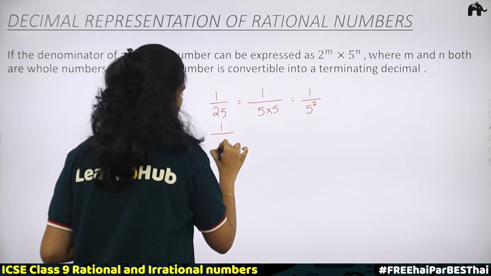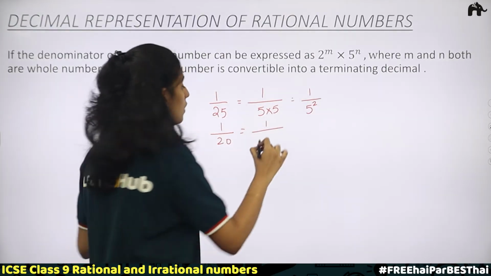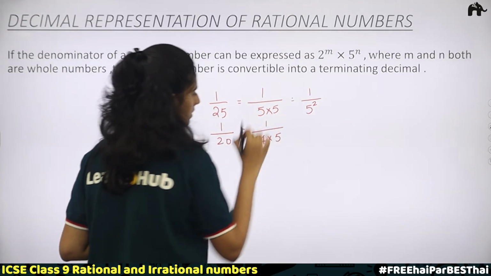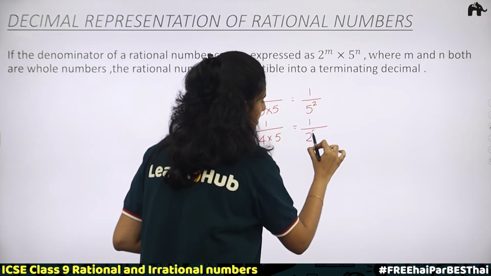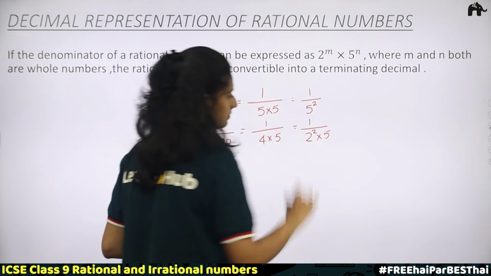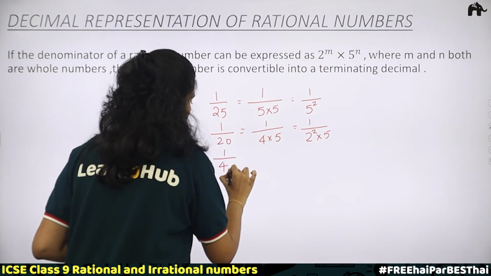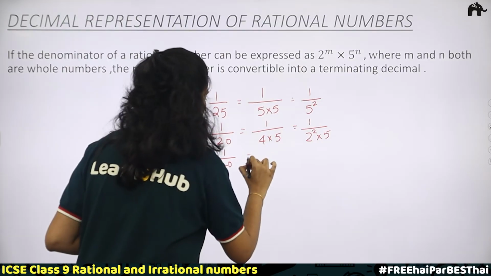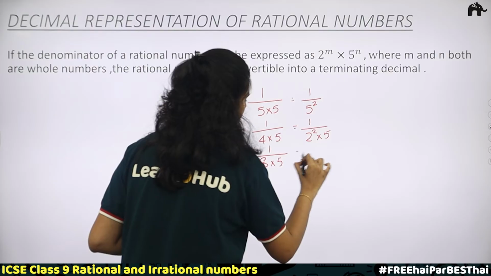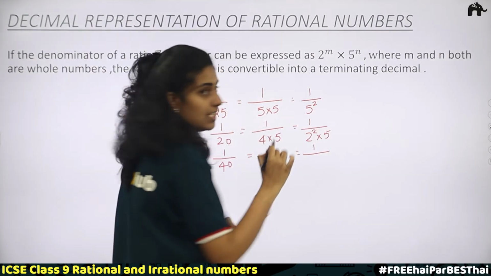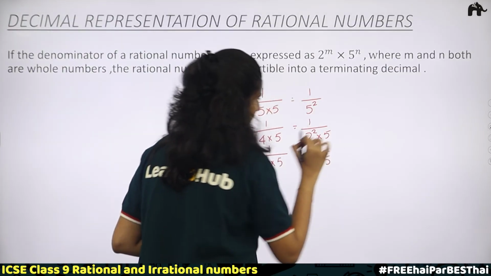Next, 1 by 20. 1 by 20 can be written as 1 divided by 4 into 5, or 1 divided by 4 is 2 square, 2 square into 5. If you take another number, 1 by 40. 1 by 40 will be equal to 1 by 8 into 5. That is 1 divided by 8 is 2 cube. 2 cube into 5.